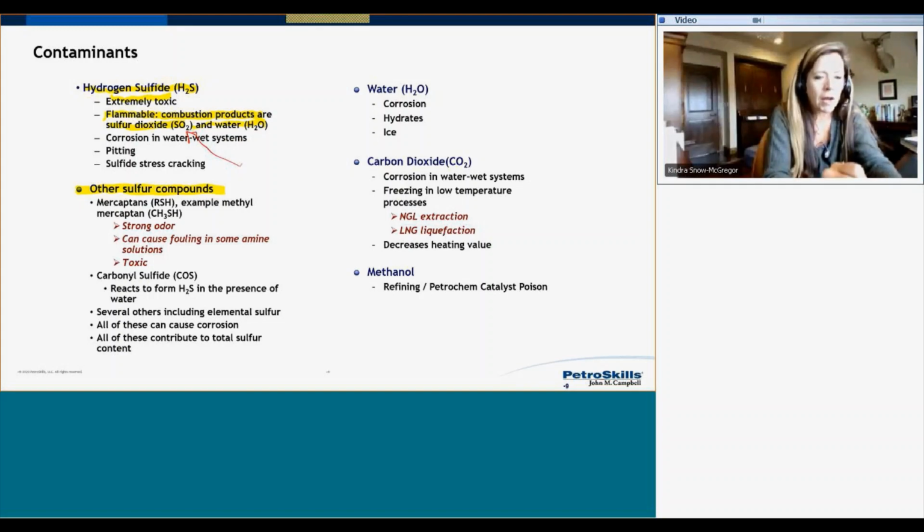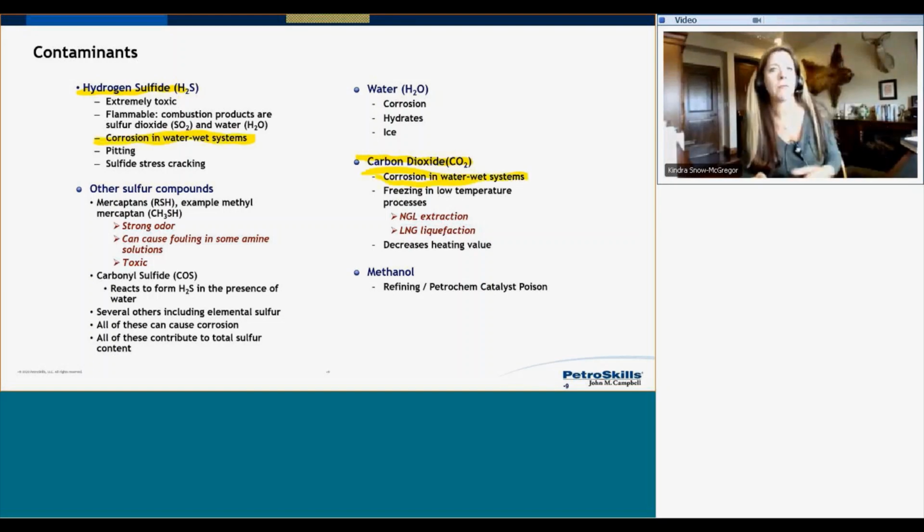The other problem with H2S and carbon dioxide, so I'm going to group these now into acid gas components, is that they are corrosive in water wet systems. And so for my liquid commodities, I want to be sure that they're dry, so I'm going to have a specification on my total water, but I also want to be sure that I have adequate safeguards in terms of the maximum amount of H2S, sulfur compounds, and CO2.